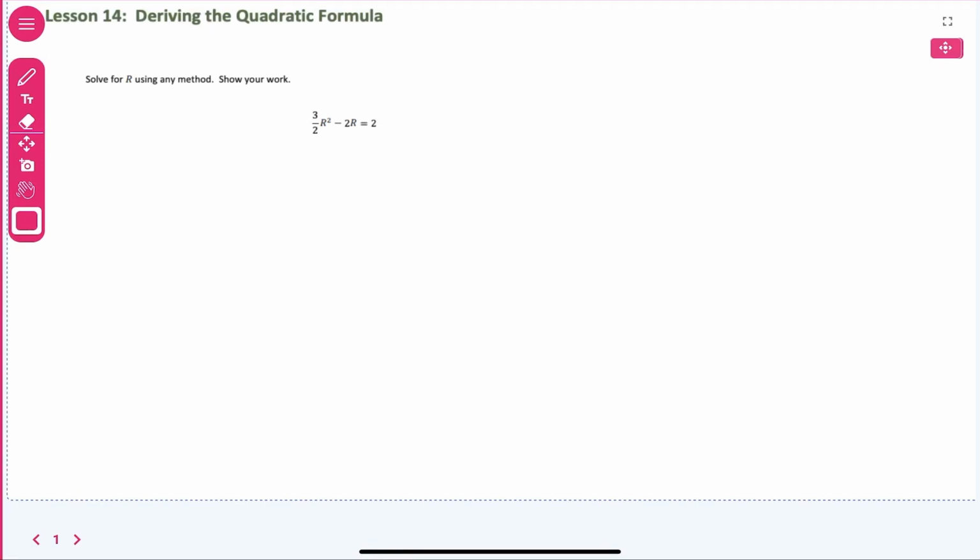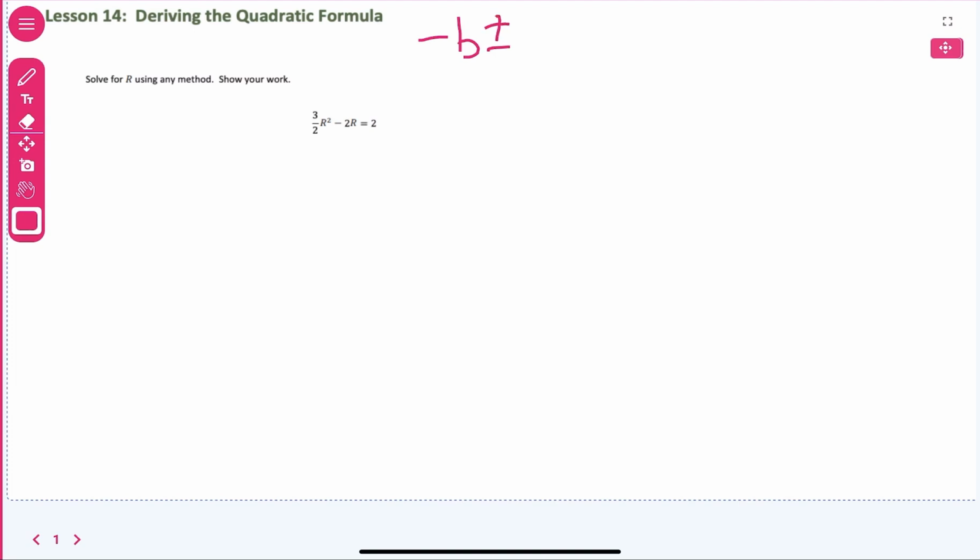Algebra 1, Module 4, Lesson 14, deriving the quadratic formula. The quadratic formula is as follows. The opposite of b. So you can't just say negative b, because it's the opposite of b. Plus or minus.